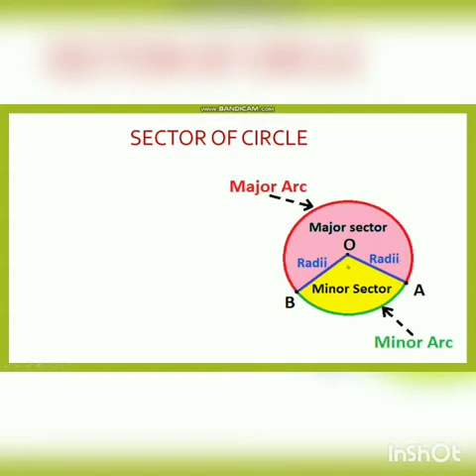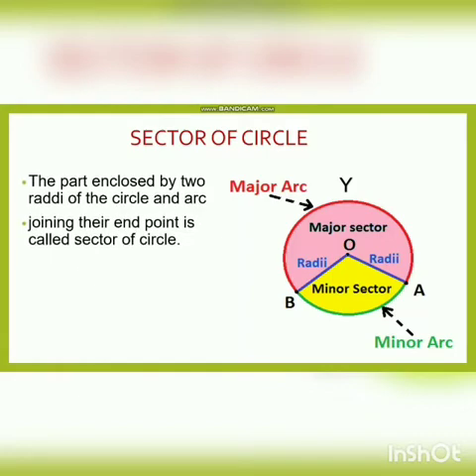O is the center of this circle, and OB and OA are the radii of this circle. So angle AOB, or BOA, is the center angle which is subtended by this arc BA. If you take an X point, this is the arc BXA. So BOA is the center angle which is subtended by arc BXA, and BYA is the major arc of the circle.